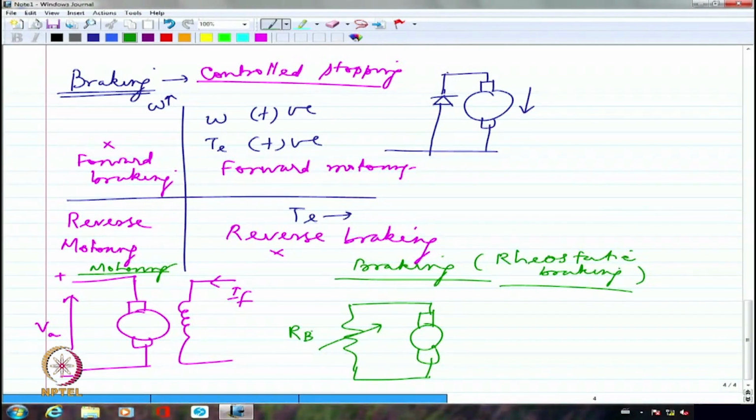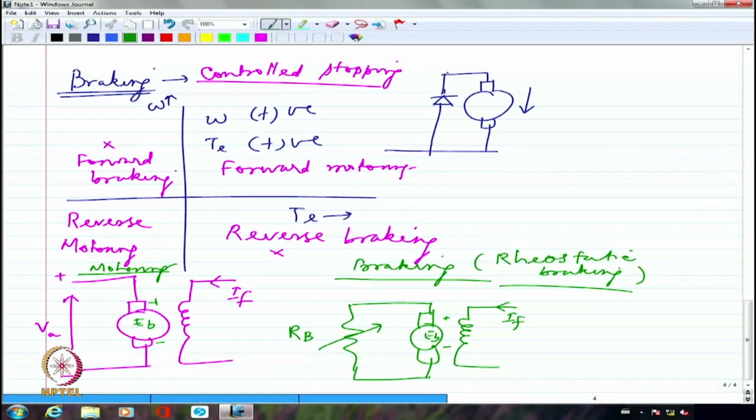So if I have this, whereas the field is very much on, let us say the field still on, what is going to happen? There was a back EMF already. That back EMF would still exist because the mechanical time constant of the drive will generally be larger as compared to the electrical time constant.